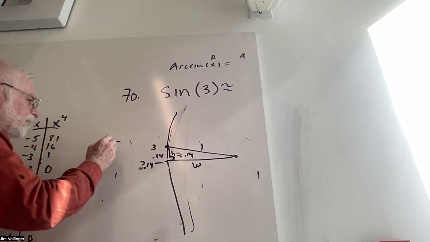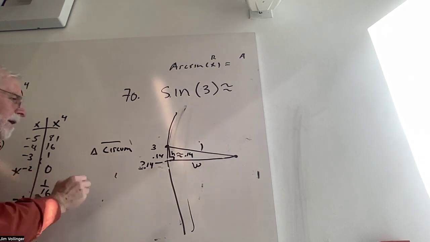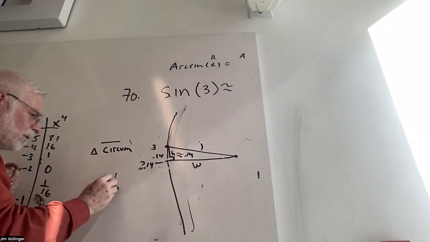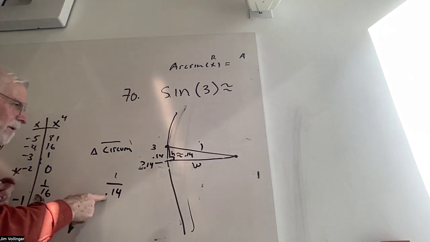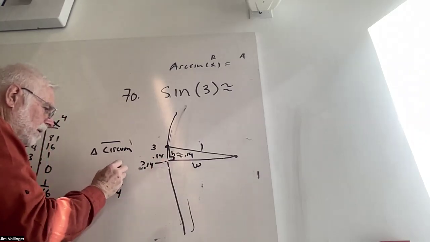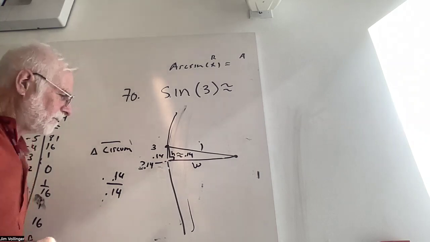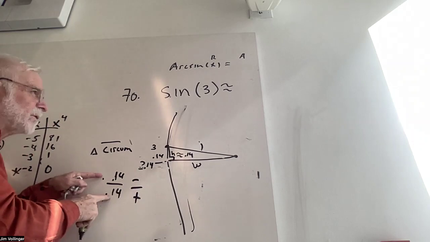The circumference change. From 3 to 3.14 is about 0.14, and it is getting bigger. This started at 0.14, but it's getting smaller, but it's still almost 1 to 1. This one is going down, this one's going up, but it's almost 1-to-1.